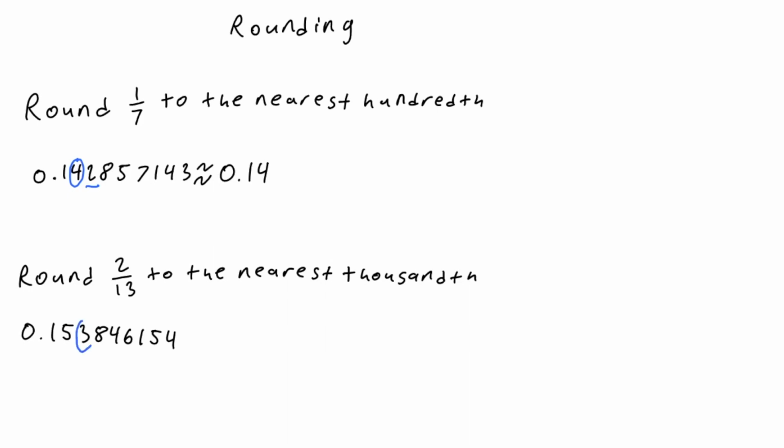So that's this one right here. And we're looking at the next one over to see what we do to that number. Well, it's 5 or bigger, because it's 8. So that means this is approximately equal to 0.154. We round up.